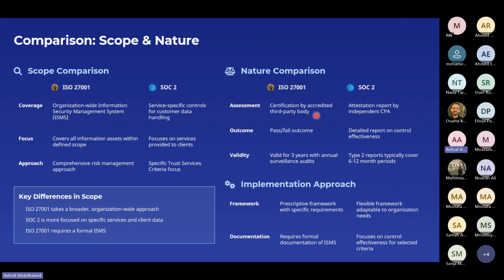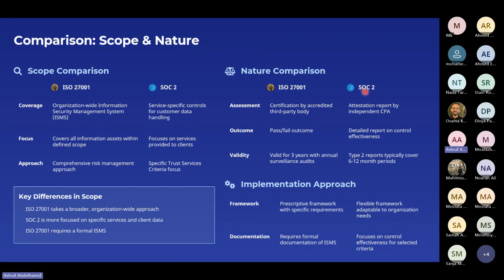The accreditation body accredits the certification body, which is then allowed to provide that assessment. And in the end, what they provide is a certification. That is very important. But the external audit report is not visible to other organizations.